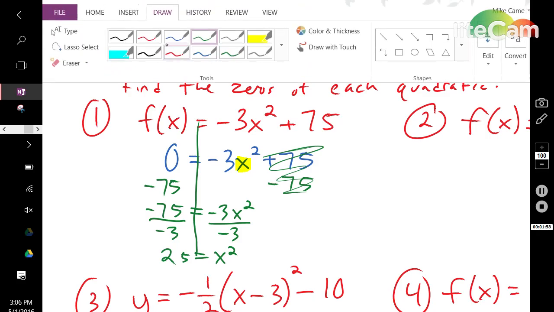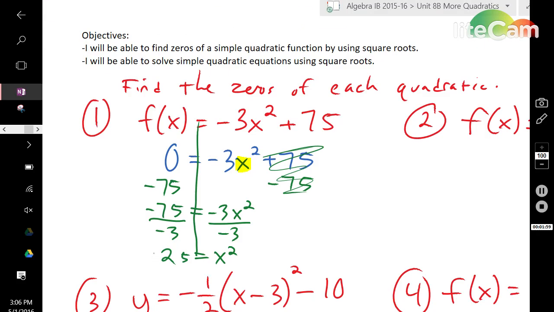Now to get rid of the power of 2, you're going to square root both sides. And x is going to be equal to two numbers, plus or minus 5. Or you could write it like this: x equals 5, x equals negative 5.